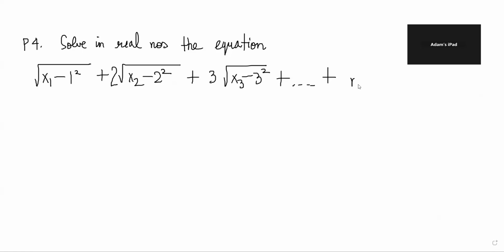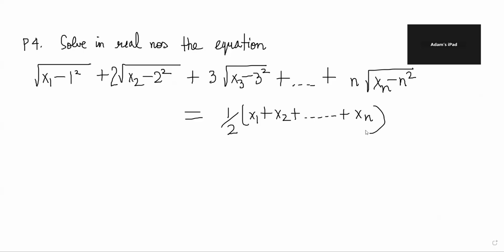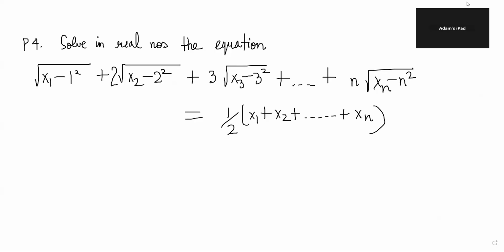You go on till n times root over (xn minus n) square is equal to half of (x1 plus x2 plus ... plus xn). Basically, you have to solve this equation for the values of the variables x1, x2, ..., xn.